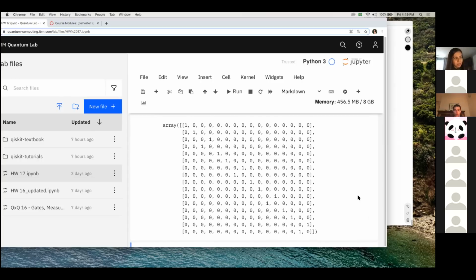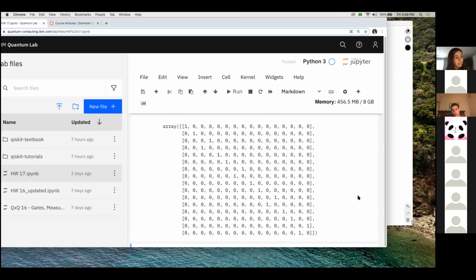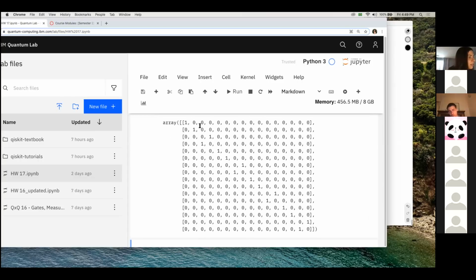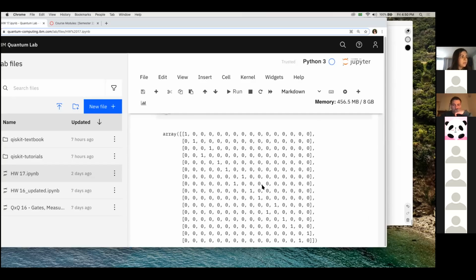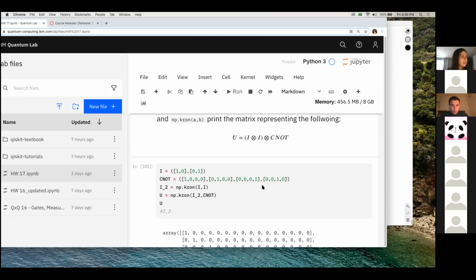I'm not going to do the calculation with this gigantic matrix, but it's interesting to check what you can identify here. You can identify a diagonal matrix, that's the identity matrix. This is the 2 by 2 X gate. So it's interesting to observe the behavior of this matrix. Anyways, this is the matrix.